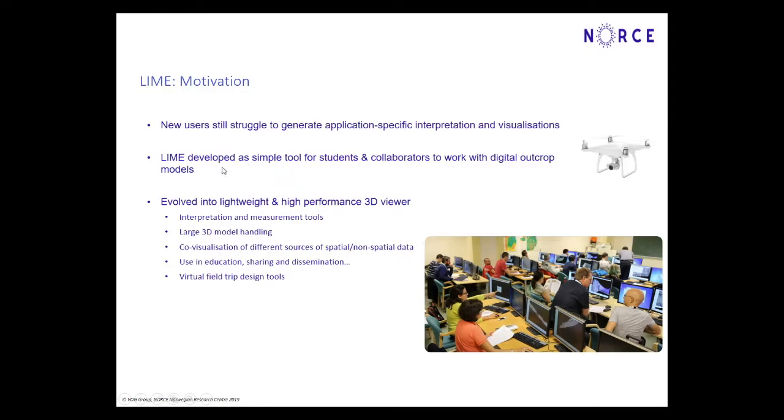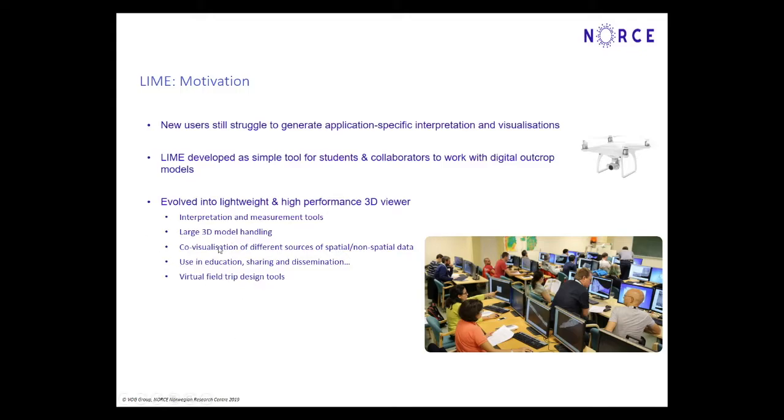Basically, it was developed as a simple tool for students to work with digital outcrops, and it's evolved into this lightweight 3D viewer. One of the key things is that it has interpretation and measurement tools in it, and it handles really large volumes of data very well. A lot of the other things, like the Microsoft Viewer and 3D PDFs, are all fine for small things. But when you start getting gigabytes of data in, they're not very efficient, and they very quickly slow down.